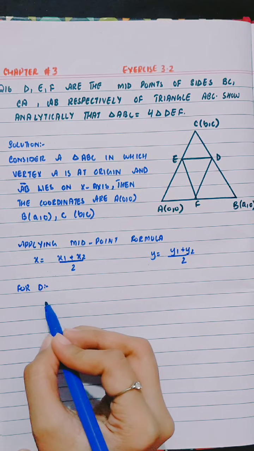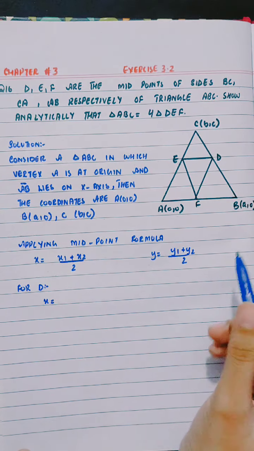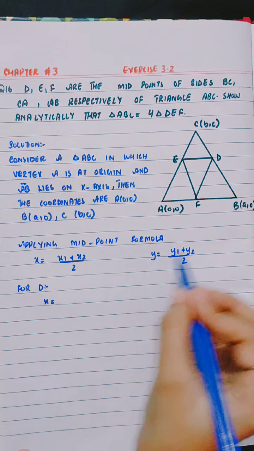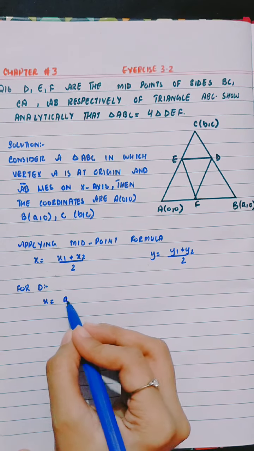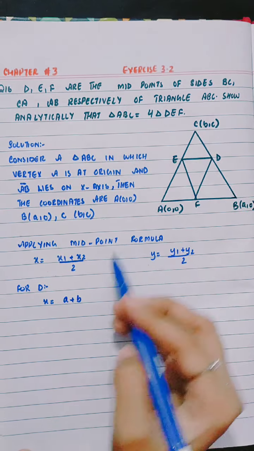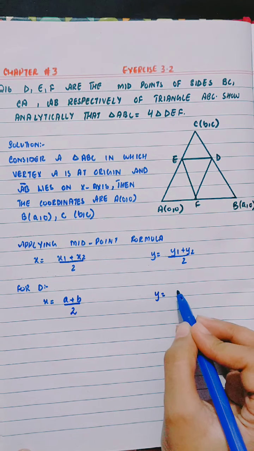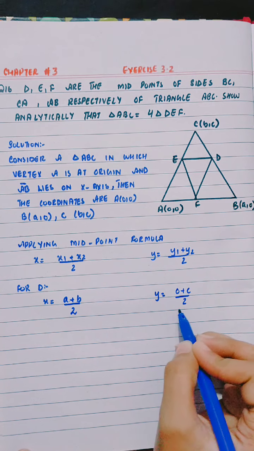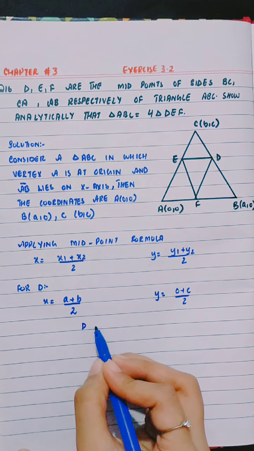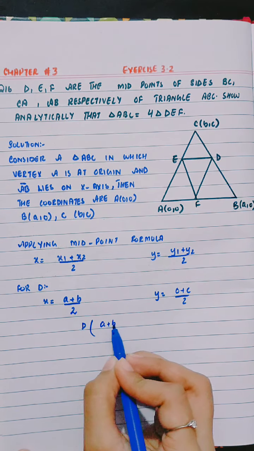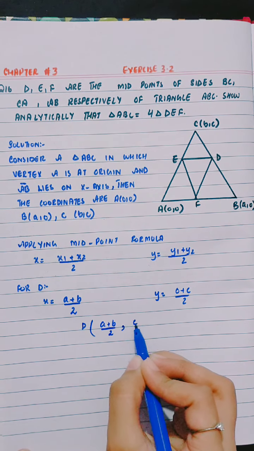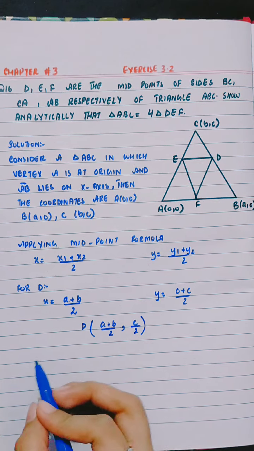For D, x is equal to, x1 is a, x2 is b, so a plus b divided by 2, and y is equal to 0 plus c divided by 2. So D is (a plus b divided by 2, c divided by 2).